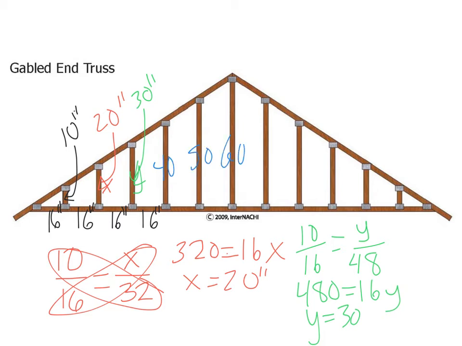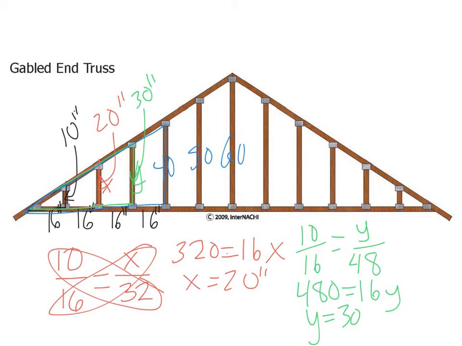I picked some nice numbers for this, but the concept is the same. You know what we have right now? We have ourselves some similar triangles. So this triangle right here is similar to this triangle right here, which is similar to this triangle right here, which is similar to this triangle right here.